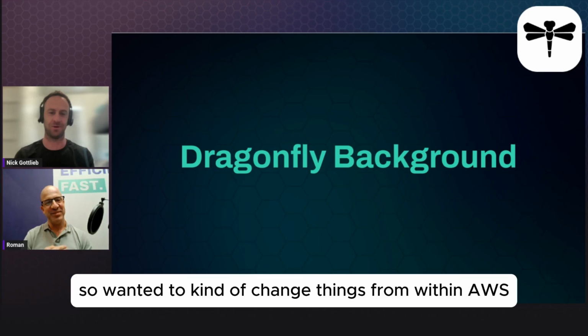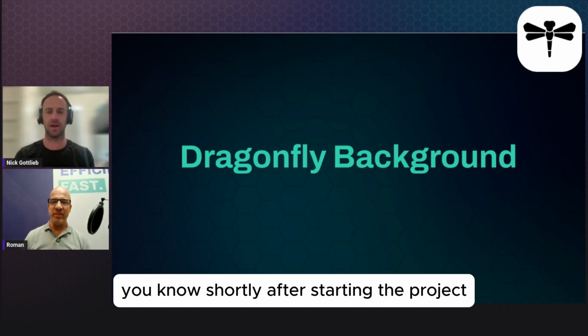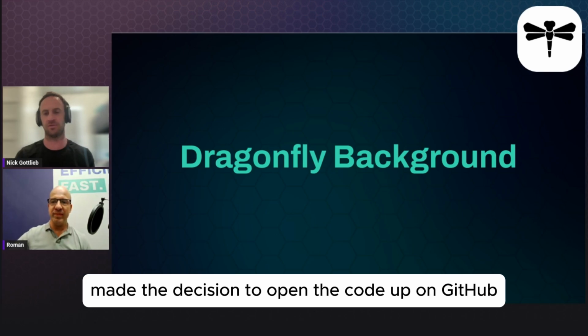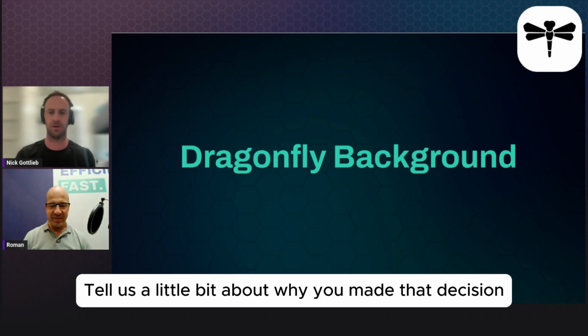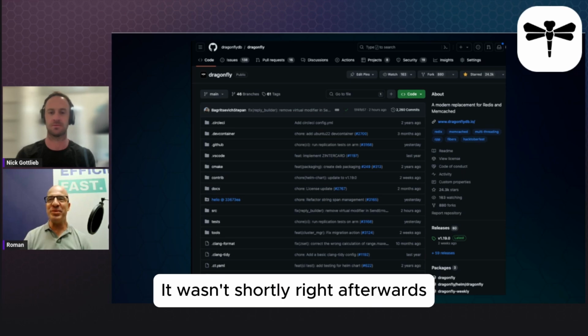Got it. So wanted to kind of change things from within AWS, decided to just go start a separate project. And then you shortly after starting the project made the decision to open the code up on GitHub. Tell us a little bit about why you made that decision. Yeah. First of all, for me, it wasn't shortly right afterwards.